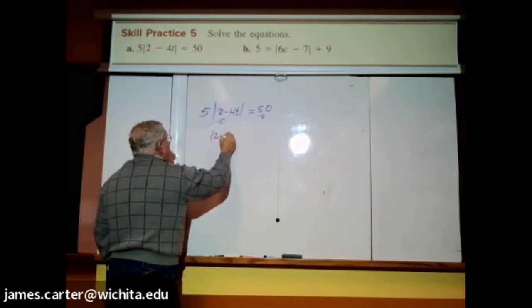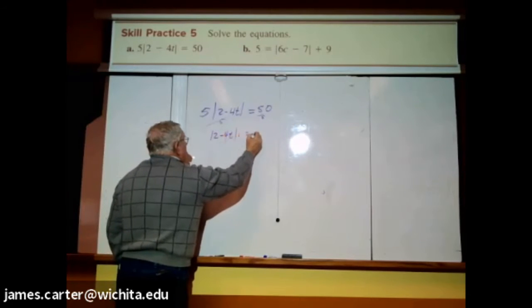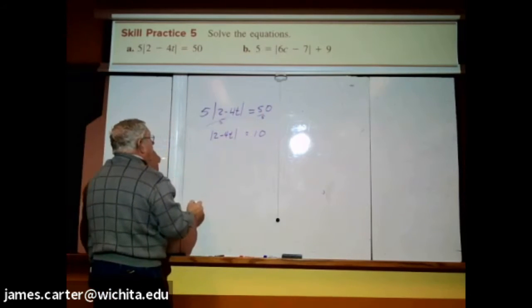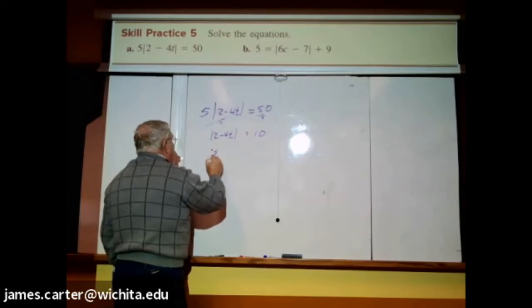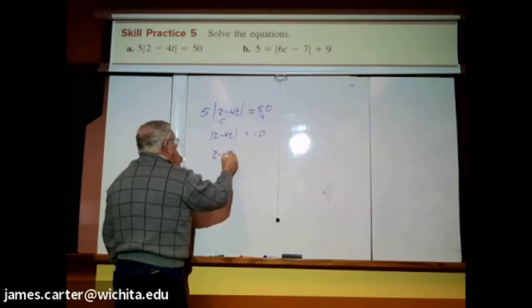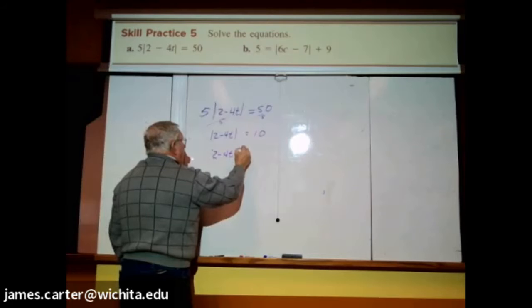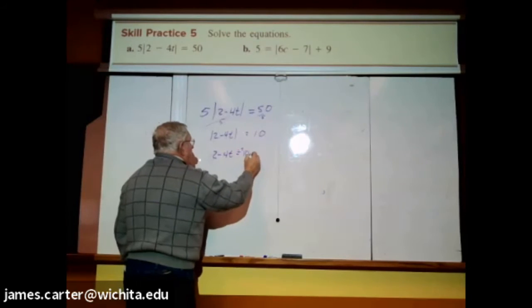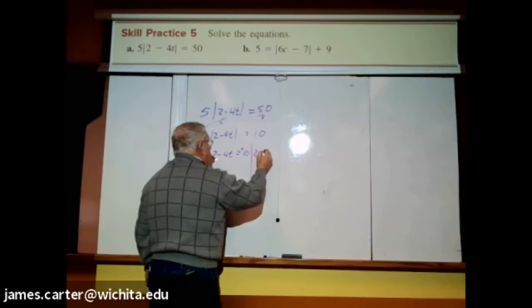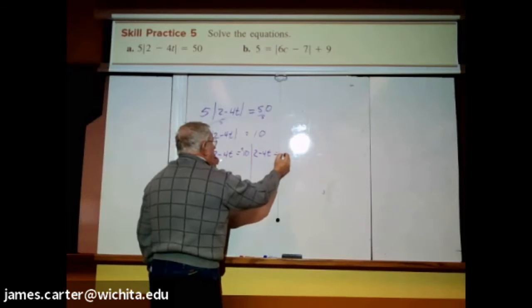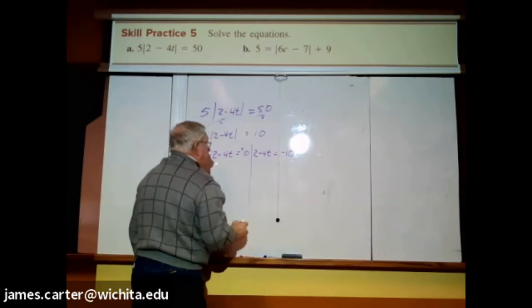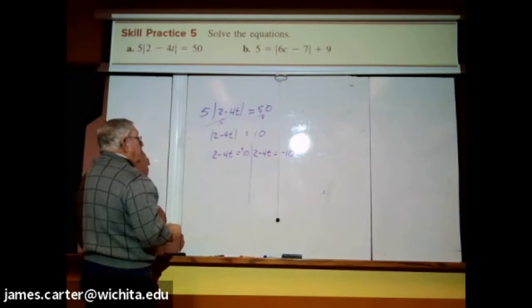The absolute value of 2 minus 4t equals 10. Get rid of the absolute value sign. 2 minus 4t equals positive 10. 2 minus 4t equals negative 10. So there are my two equations.